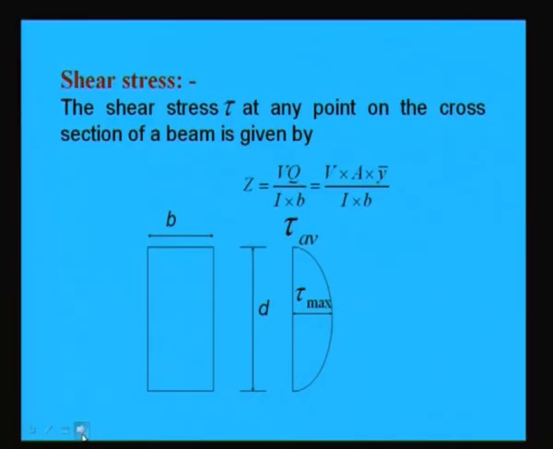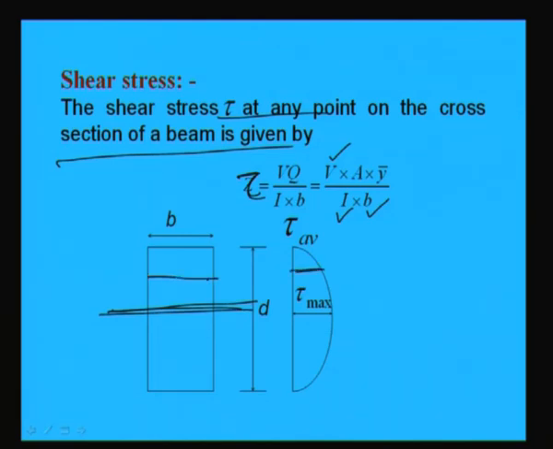As we know, the shear stress tau at any point on the cross section can be given as VQ by IB, where V is the shear force, I is the moment of inertia, and B is the width of the beam, and A is the area above the point at which the shear stress is to be calculated. Suppose this is the neutral axis, and we are trying to find the shear stress at this point.